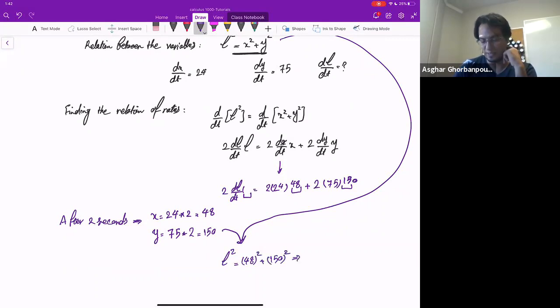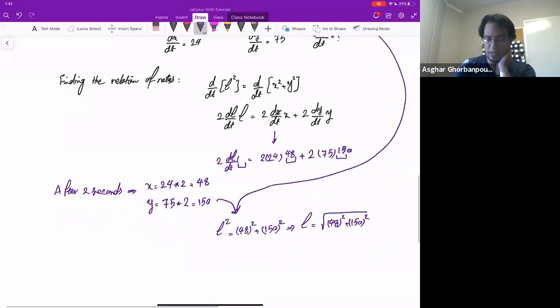And from there, L we always take to be positive. The direction is chosen such that it will be positive. So L will be the square root of 48 squared plus 150 squared. Okay, nice. Then we have all the information we need.